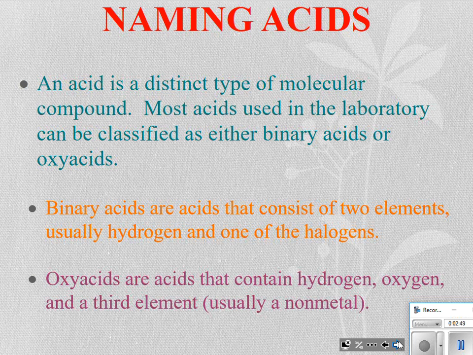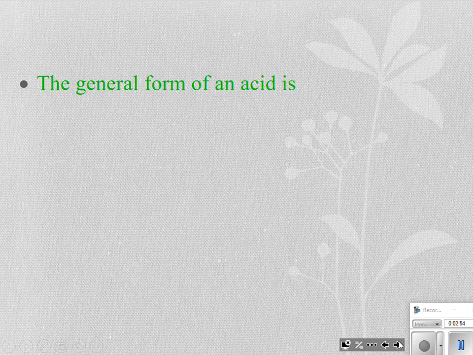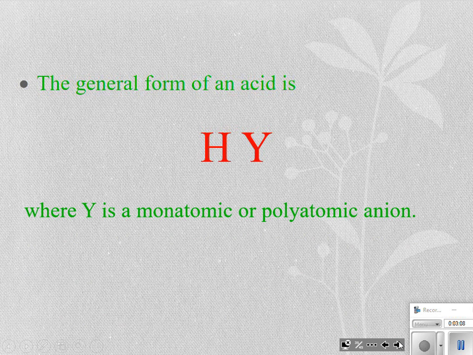The key to being an acid is this general form right here, where H is hydrogen and Y is a monoatomic or a polyatomic anion.